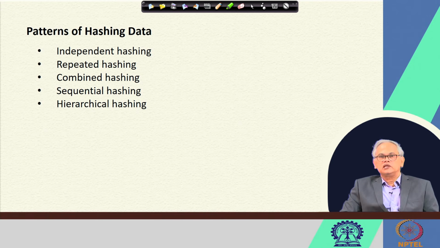Also, what we have seen is that for blockchains like Bitcoin, the SHA-256 algorithm is used, which is one of the most popular hash algorithms, and it generates message digests of length 256.